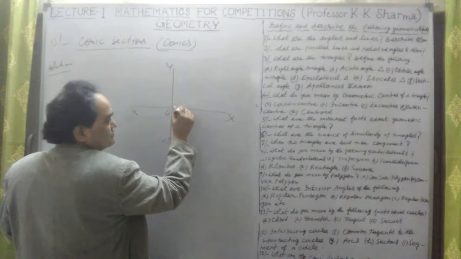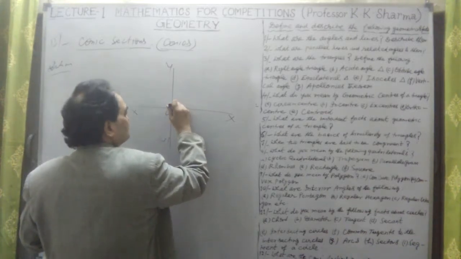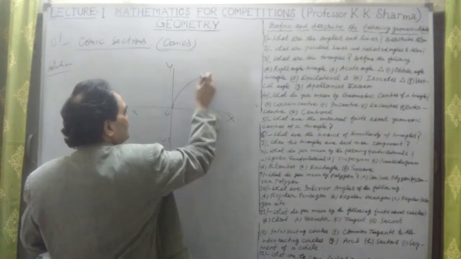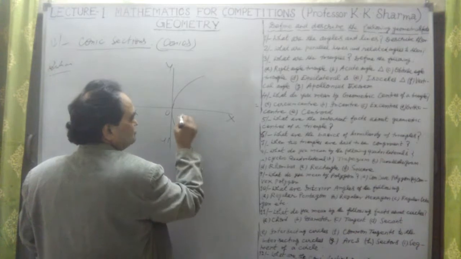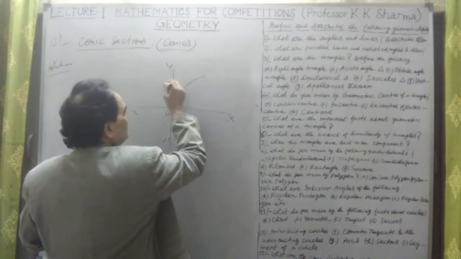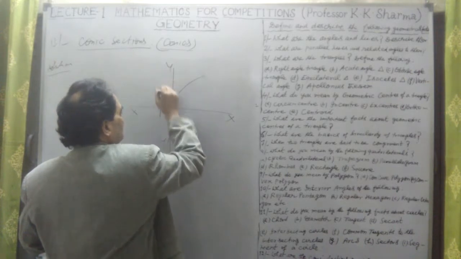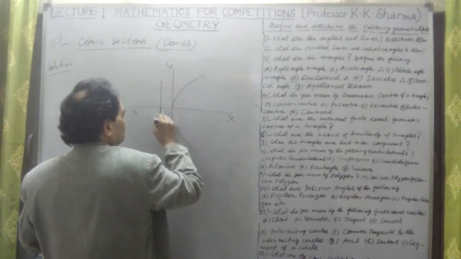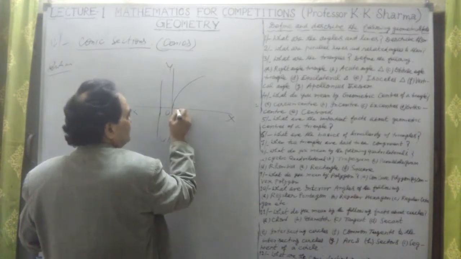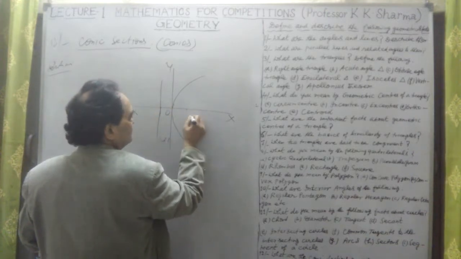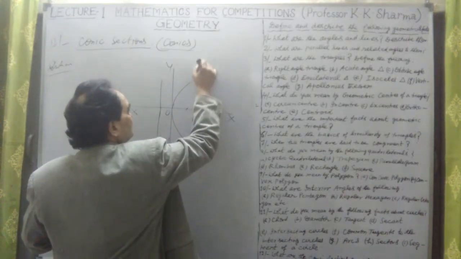This is one of the parabolas, and this is its vertex. Suppose this is the directrix, x equal to minus a. Suppose the focus is here, this focus F, and we have taken a point P here.